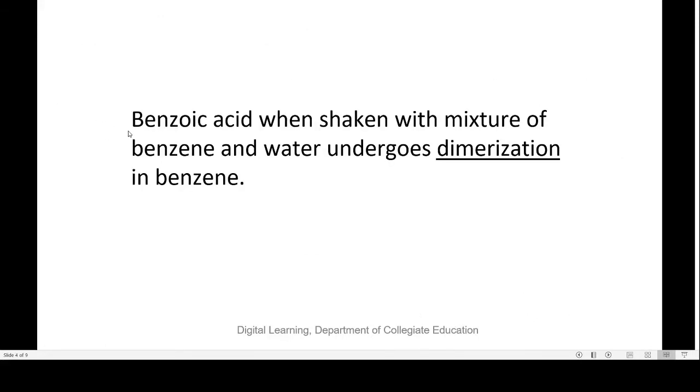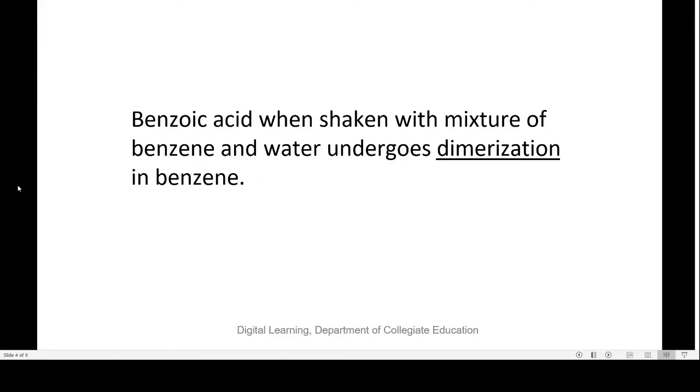If the solute added undergoes association in any one of the solvents, like benzoic acid when added to a mixture of benzene and water, two molecules of benzoic acid associate to form a dimer in benzene. So benzoic acid is not in the same molecular state in benzene as well as in water.